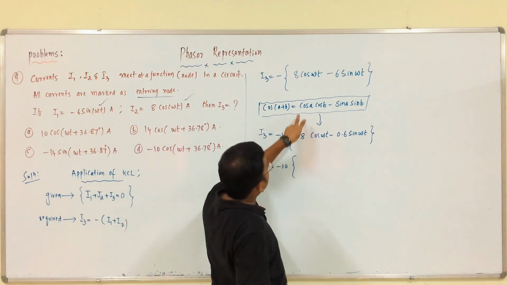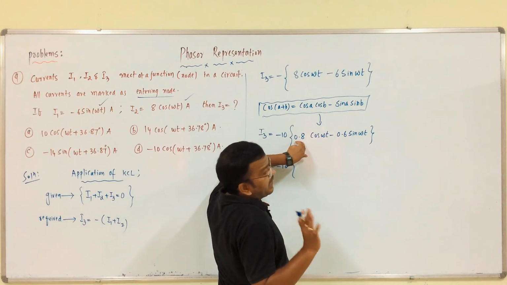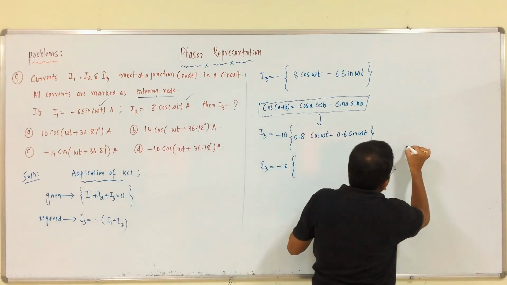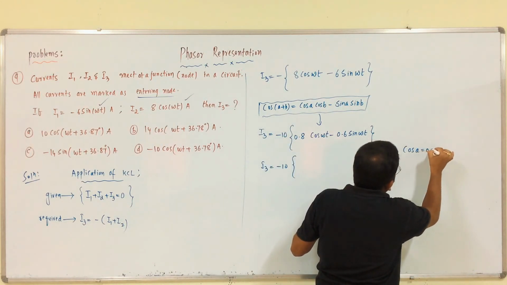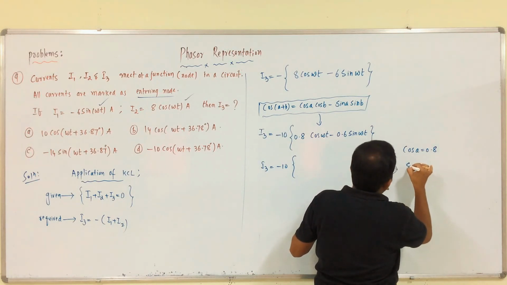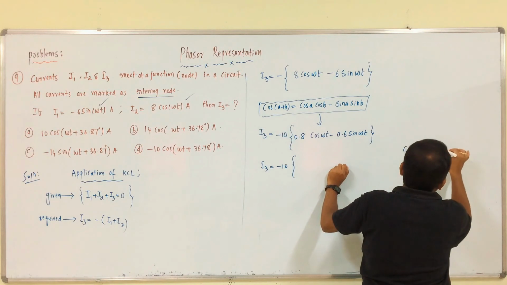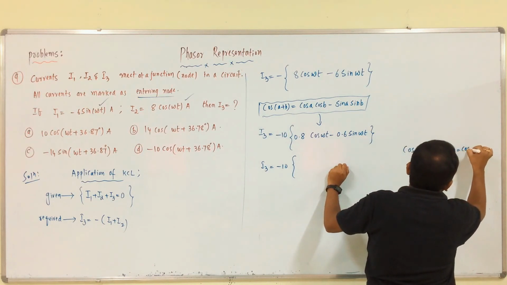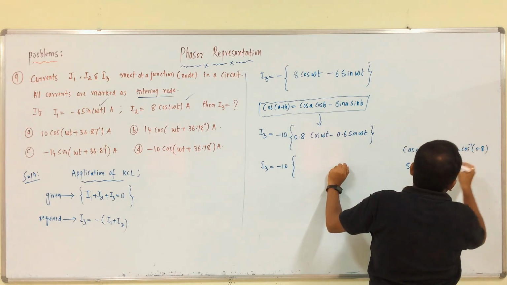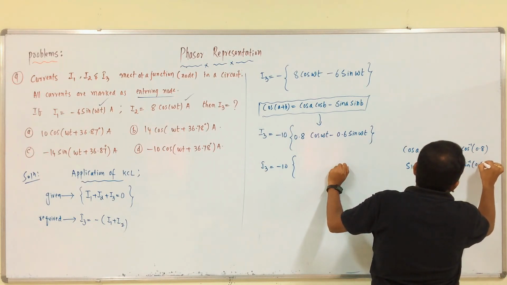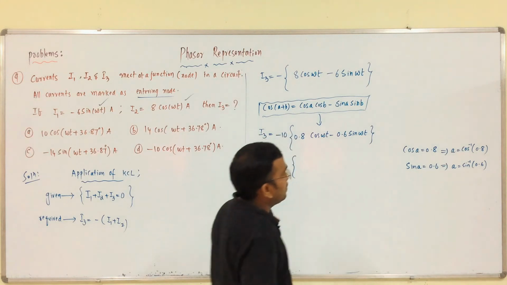So here in place of cos A we have what? 0.8, that is cos A is equal to 0.8, like that sin A is equal to what? 0.6, clear? Therefore, from this A is equal to what? Cos inverse 0.8, from this A is equal to sin inverse 0.6, right?